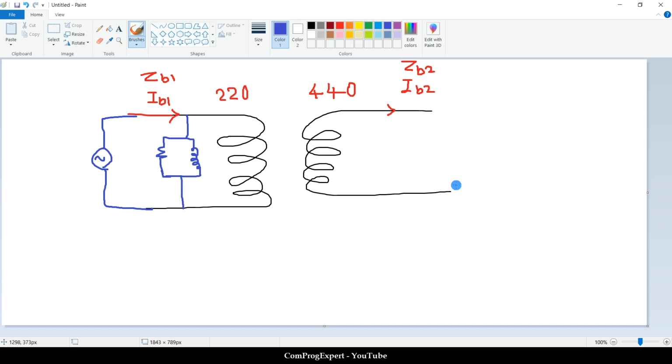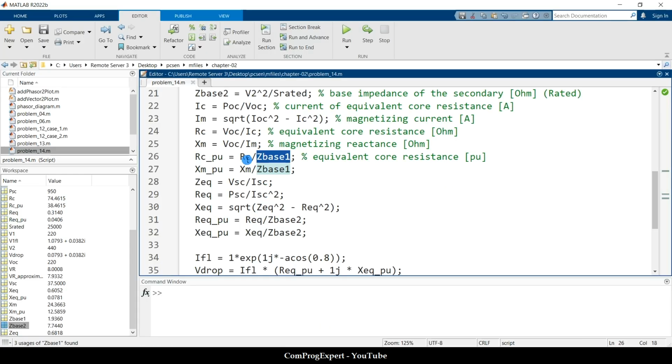The secondary side is open. So because we calculated these two quantities for the primary side, we should divide values by Z base 1. Yes, this is the magnetizing reactance per unit.